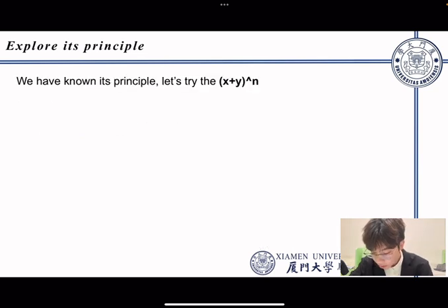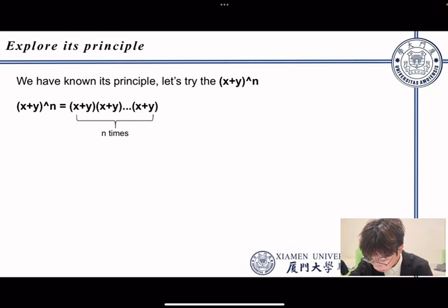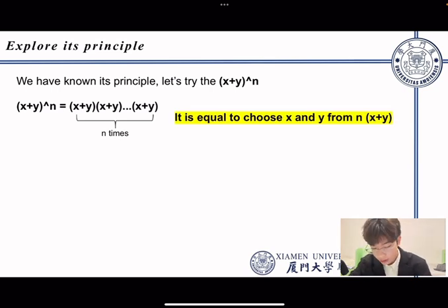We have now its principle. Let's try the first question, which is (x plus y) to the n power. It is equal to (x plus y) times (x plus y) and so on, n times. It is equal to choosing x and y from n factors of (x plus y).